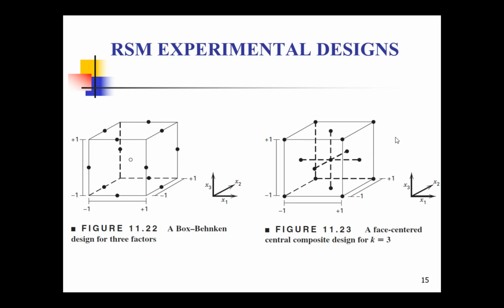Apart from the center point, we have the axial points. When comparing to the Box-Behnken design, the number of experimental runs in central composite design will be higher.